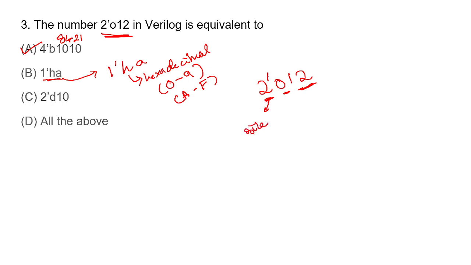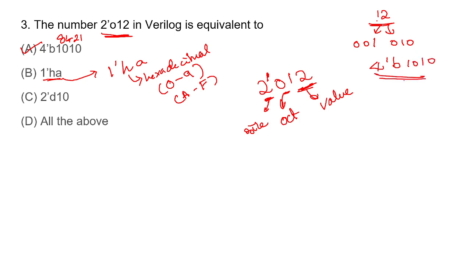So to represent this, we have the size 2-bit, the separator tick, and then O for octal, and this is the value. And 12 in octal, each number we can represent with 3 bits: for 1, 0 0 1, and for 2, 0 1 0. So with this we can represent it as 4 tick B 1010, binary. The decimal equivalent of 1010 is 10, ma'am.